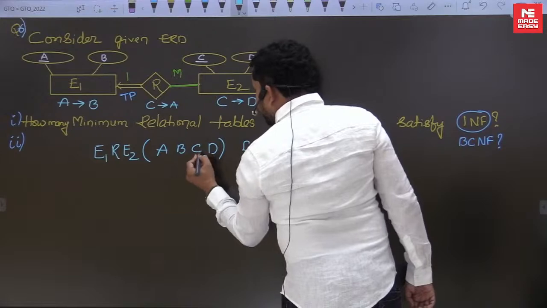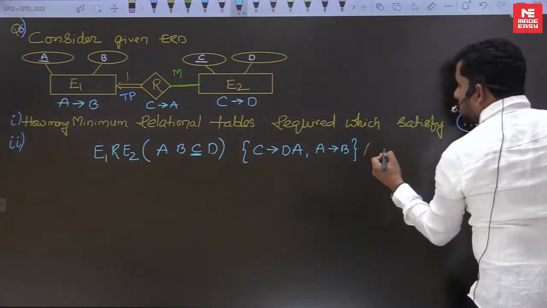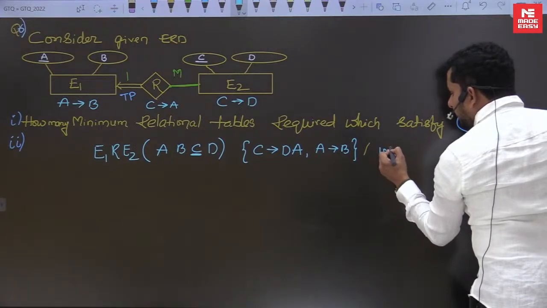Okay, so again C becomes the primary key. So now it is okay for 1NF.